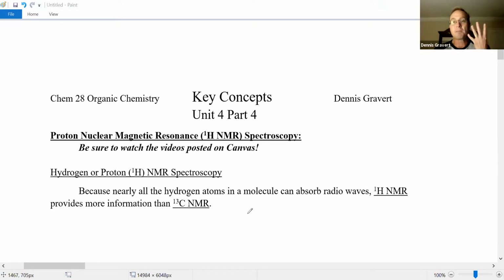We're getting 4 pieces of data because nearly all the hydrogens, 99% of them, as far as we can tell, are hydrogen that do not have a neutron, and they all, the H1s, absorb radio waves, and we get a lot of good data. Unlike carbon atoms, most carbon, 99% of them, are carbon-12, and they are NMR silent.